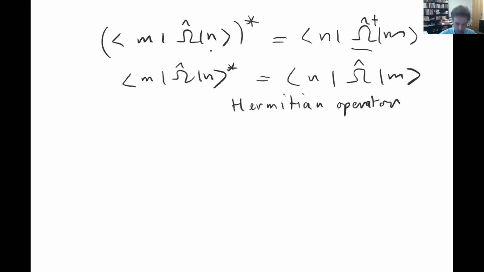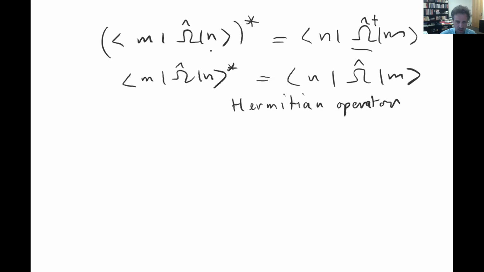Okay, so a Hermitian operator is defined by the expression right above it. If that is true, then we can say that the operator is Hermitian. Now, why is that important? Well, it turns out that operators for all real observables, such as energy, momentum, position, are Hermitian.